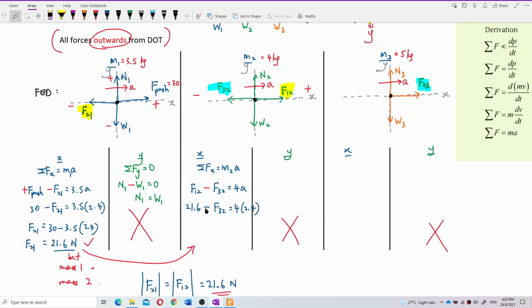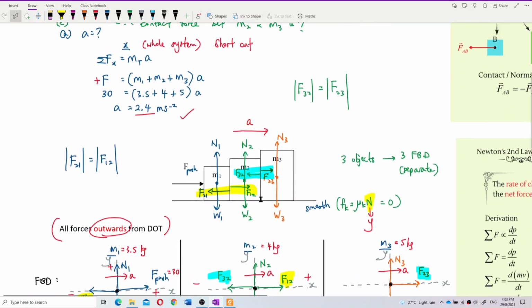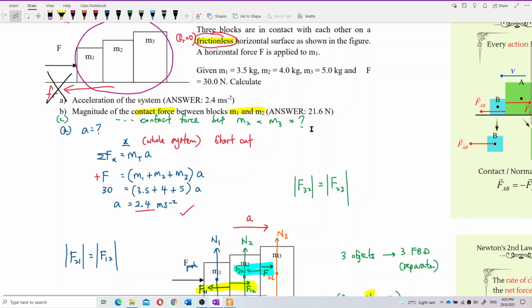So now we can get F32. Let's calculate. Yes, I got the answer is 12 Newton. That is F32. So question C I solved already. The contact force F32 is actually 12 Newton.